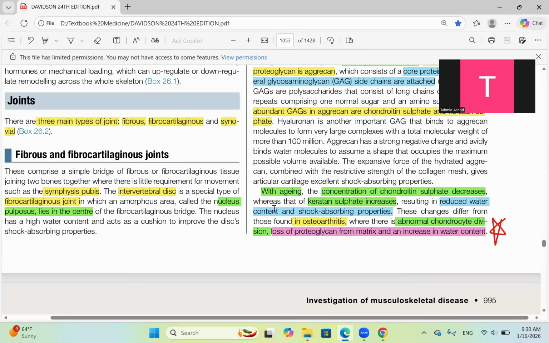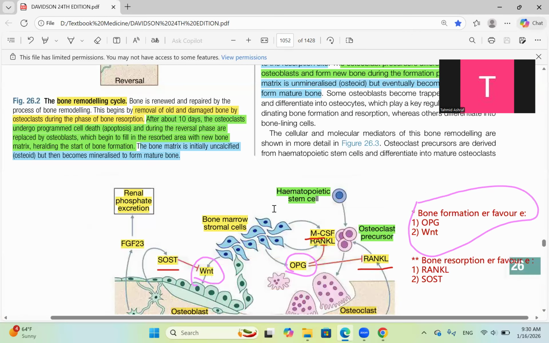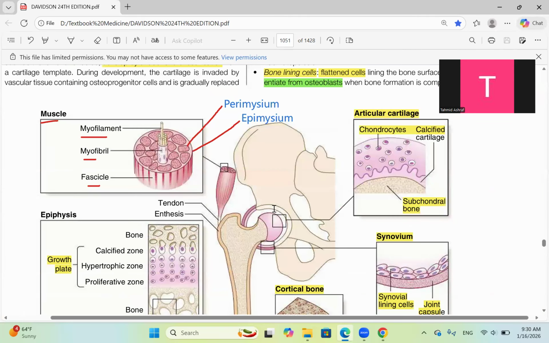So let me show you the image now. We will go back to the earlier image. Here it is. This is a skeletal muscle. When we take a transverse section of the muscle, it looks like this. Each of these is a fasciculus, and each fasciculus consists of fibers called myofibrils or myofilaments.